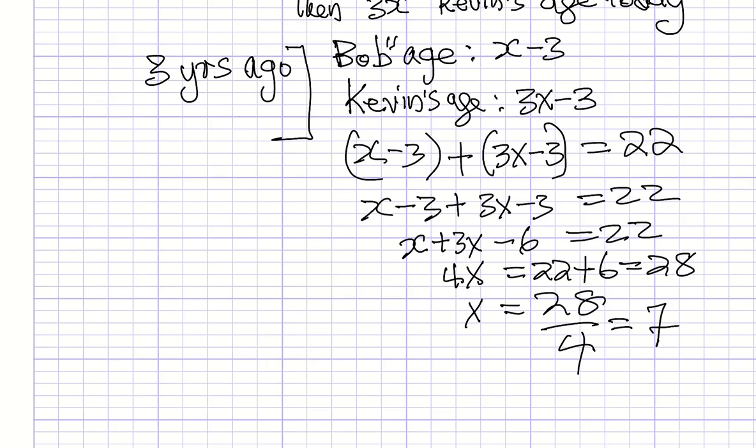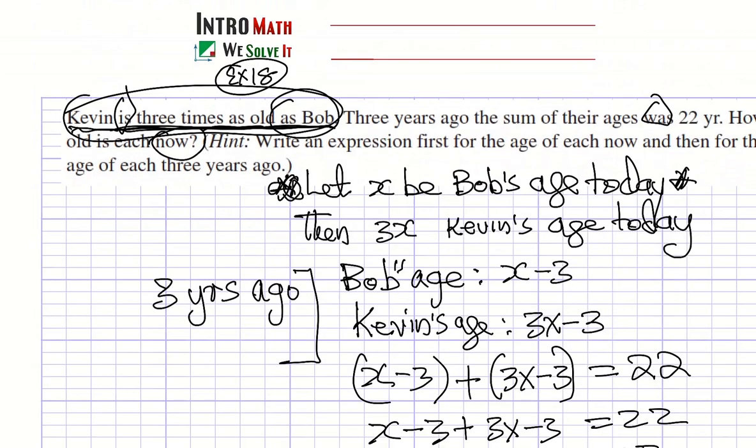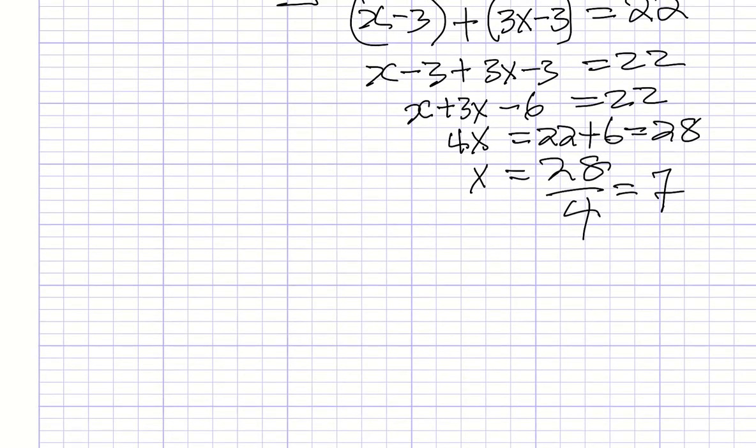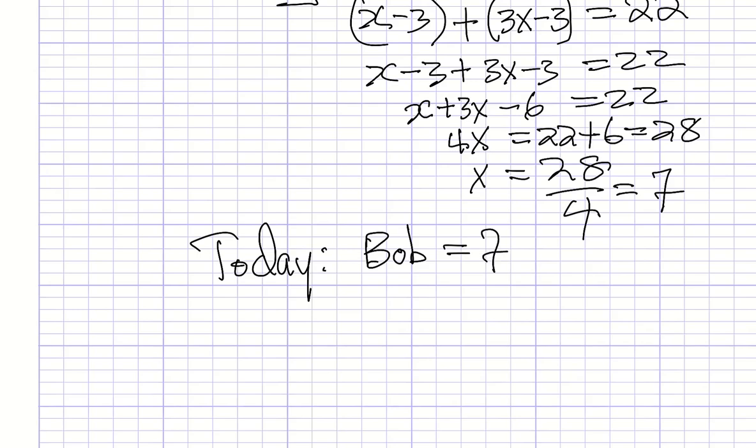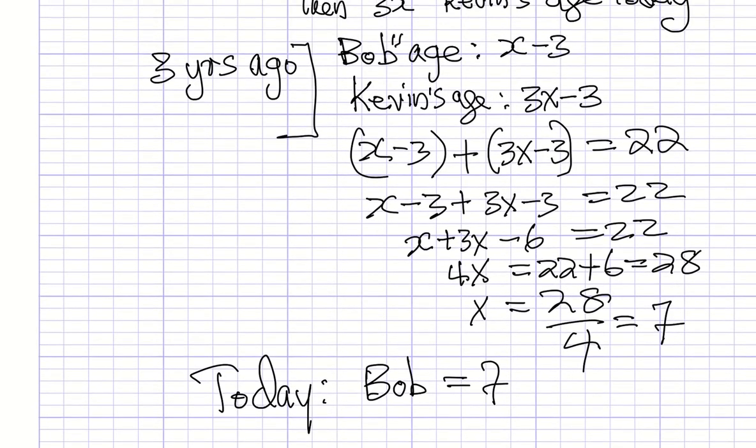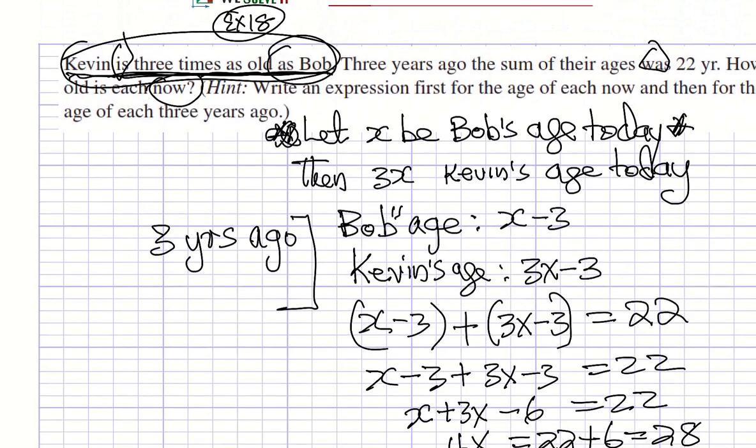So what does 7 mean? You have to go back. Let x be Bob's age today. So today Bob is 7 years old. Bob is 7 because x represents Bob's current age.